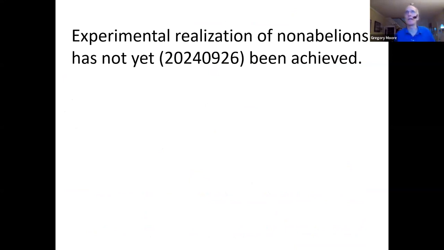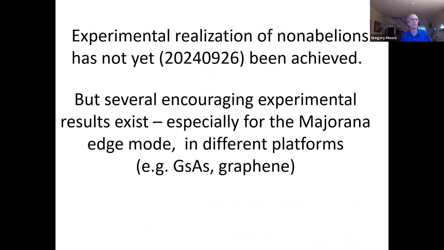So what about the experimental realization of non-abelions? As of today, as far as I know, it has not been achieved, but there are several encouraging experimental results that exist, especially for the existence of the Majorana edge mode. People are looking at different platforms like gallium arsenide.